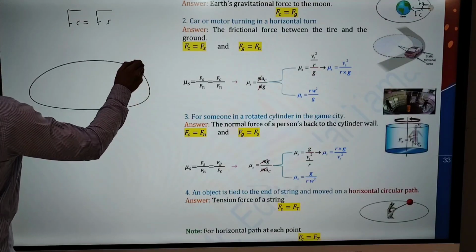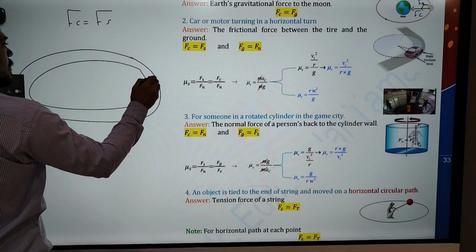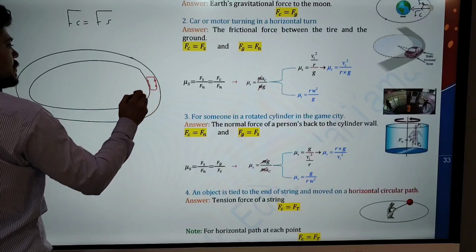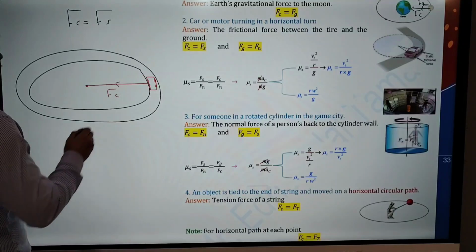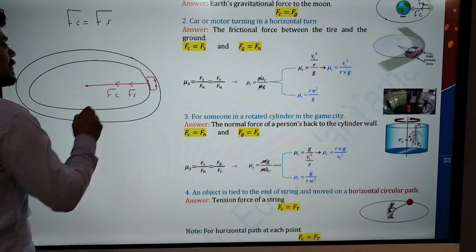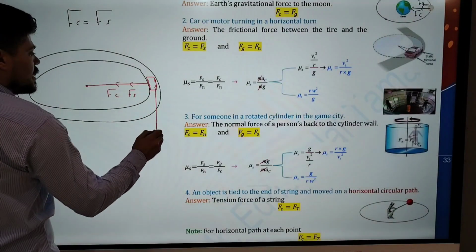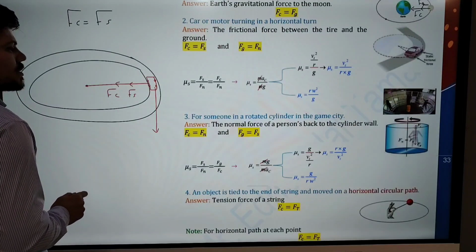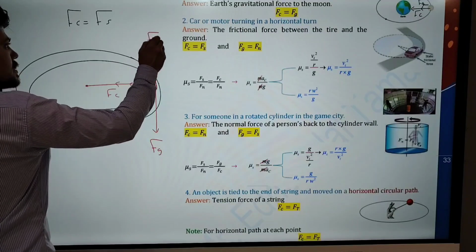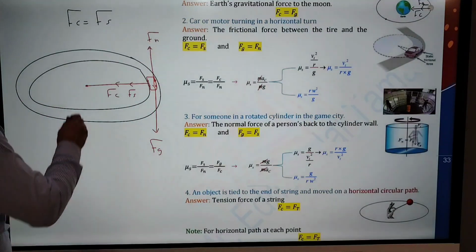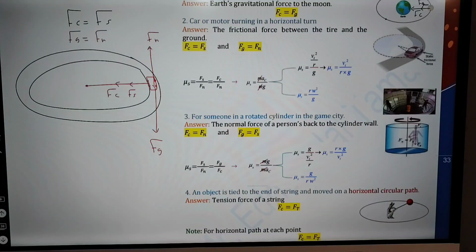For example, when a car is moving in a circular path, at this point the direction of the centripetal force is toward the center, provided by Fs. So that is why Fc is equal to Fs. At the same time, the gravitational force Fg also acts on the car, and this upward force is the normal force. So Fg is equal to Fn in magnitude.